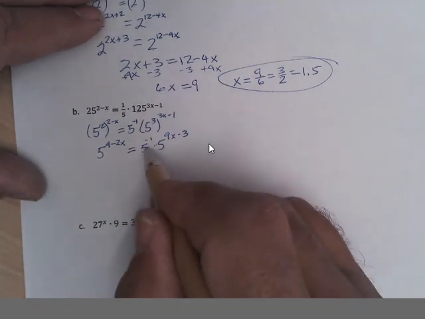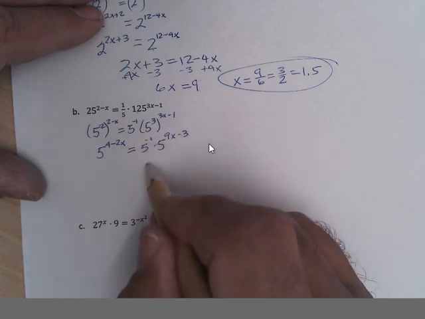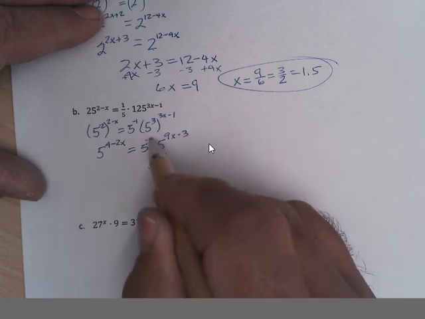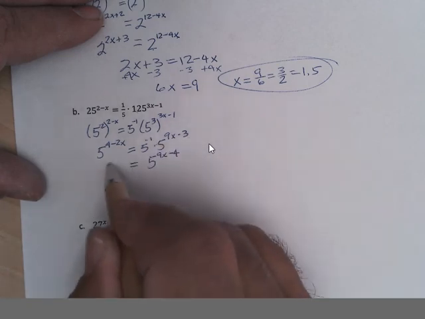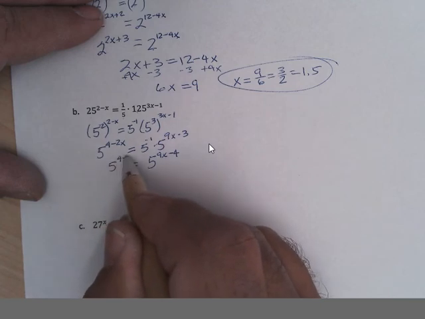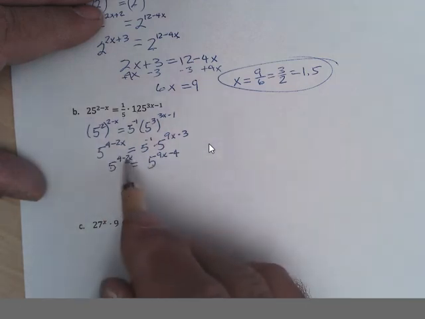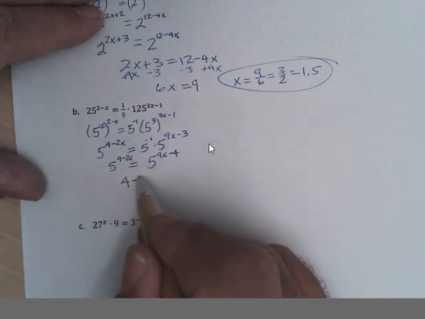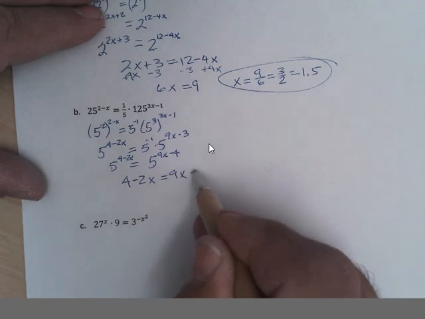And when you're multiplying two terms with like bases, you add the powers, so we get 5 to the 9x minus 3 minus 1 more, minus 4. Same base, they're equal, so the powers must be equal. 4 minus 2x equals 9x minus 4.